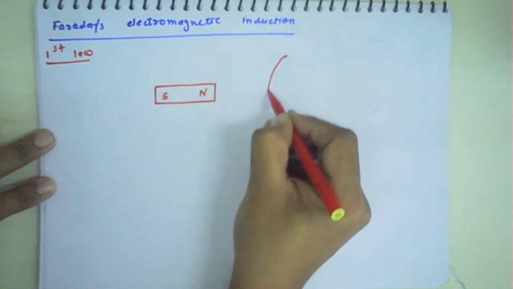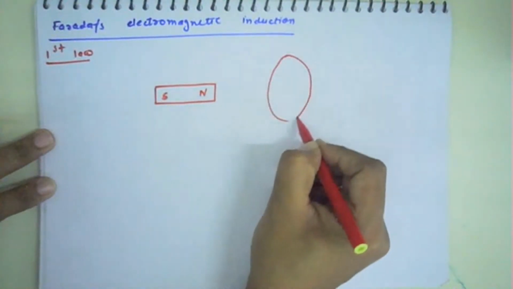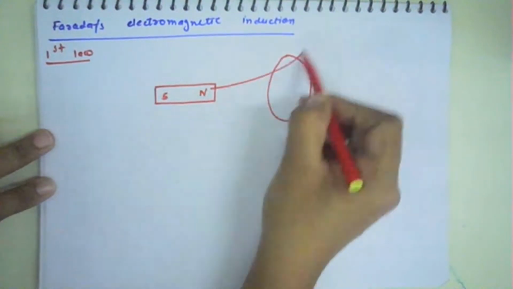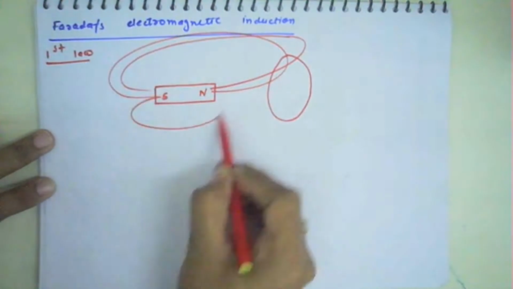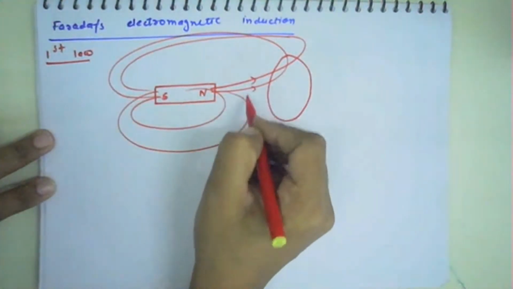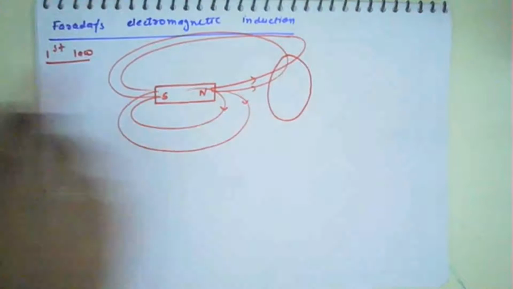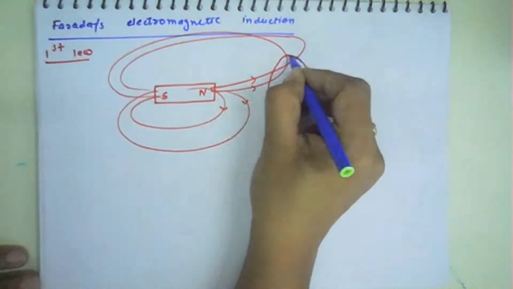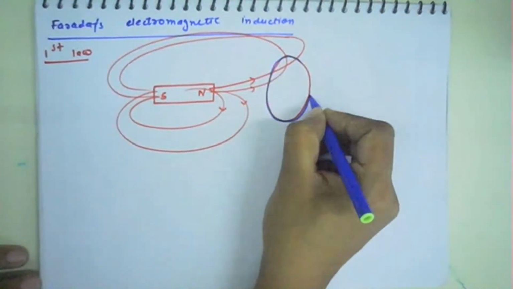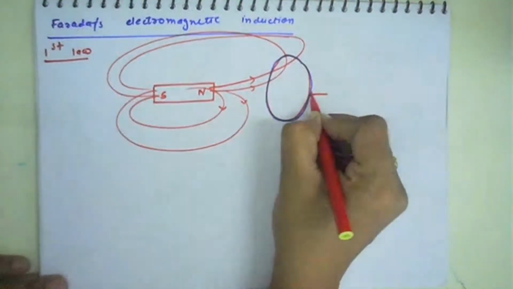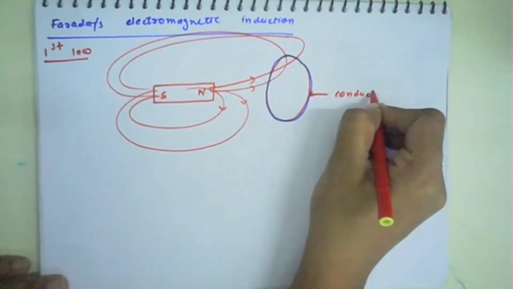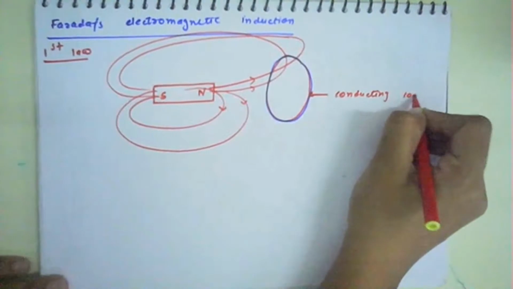and here we are keeping one conductor. Here we have a magnetic field. As per the first law of Faraday, here we have the conducting loop.